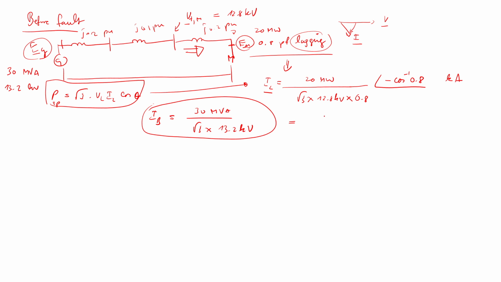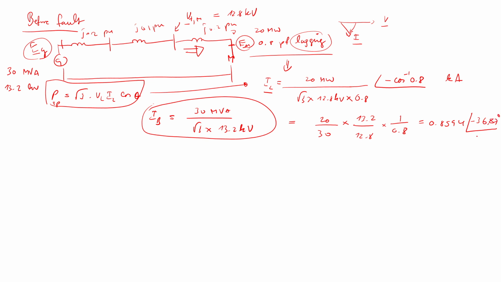I will just put 20 divided by 30, and root 3 just cancel. You become 13.2 divided by 12.8 and divide again by 0.8. So you get 0.8594. The angle, right? This is arc cosine of 0.8, which is 36.